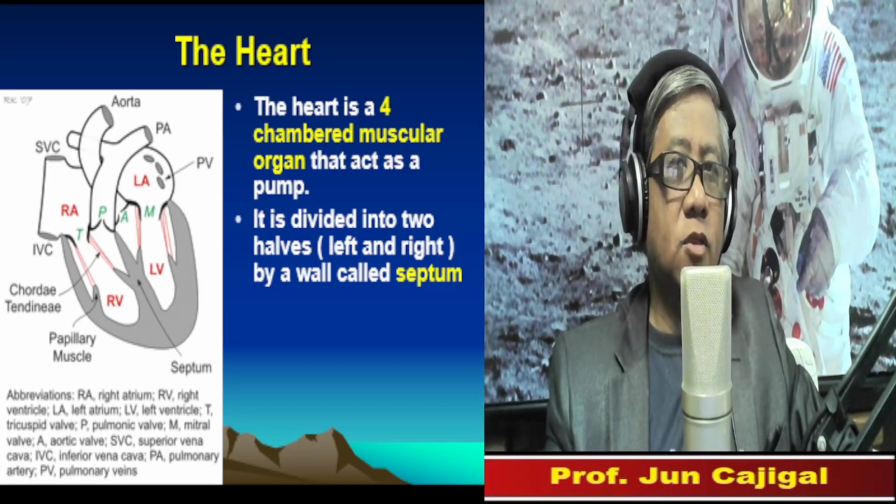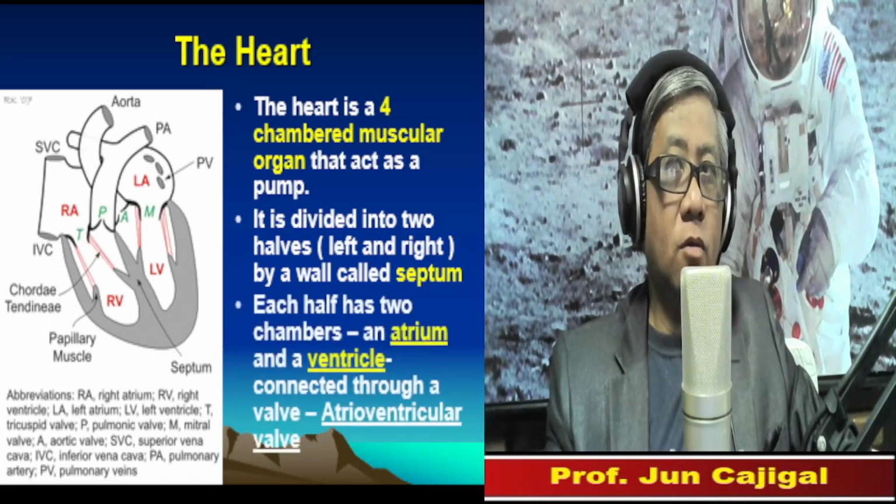Each section is divided into an upper chamber called the atrium and a lower chamber called a ventricle. So each half, left and right, has two chambers: the upper chamber, or atrium or auricle, and a lower chamber called a ventricle.